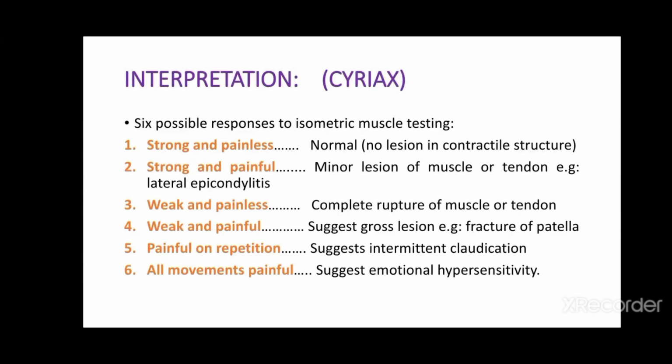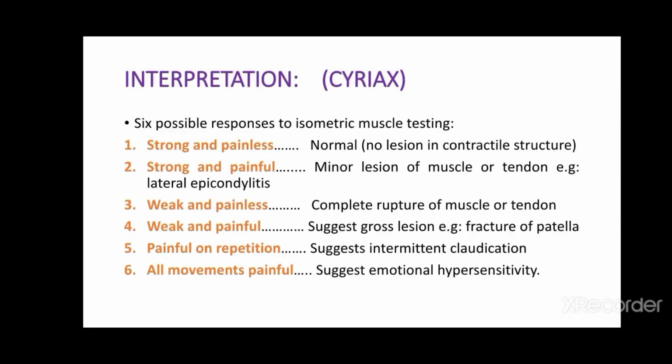So, the first response is strong and painless. If the patient is not complaining of any pain and during the assessment the contraction in the muscle is also strong, it means there is no lesion in the muscle or the tendon and the muscle is normal. The second response is strong and painful. Let me give you an example.